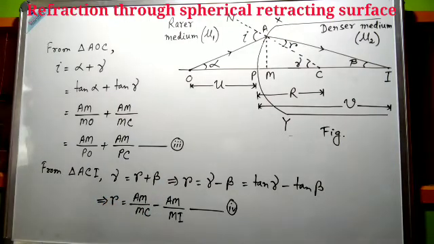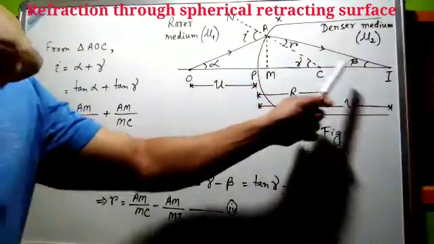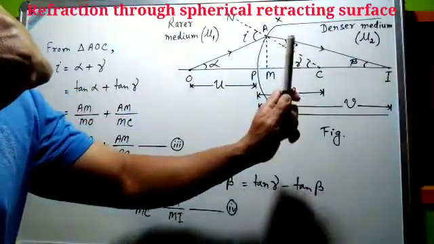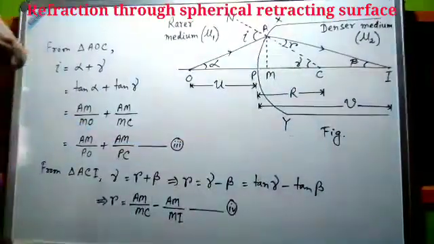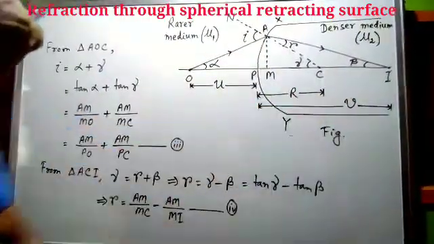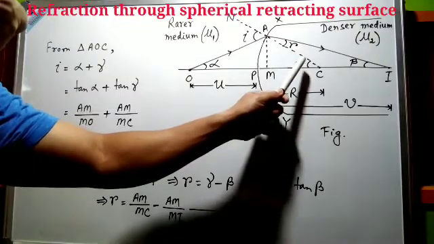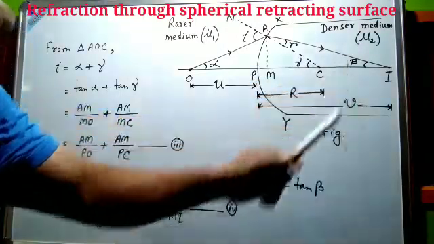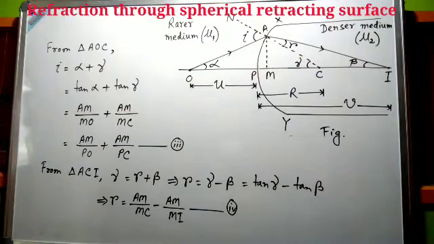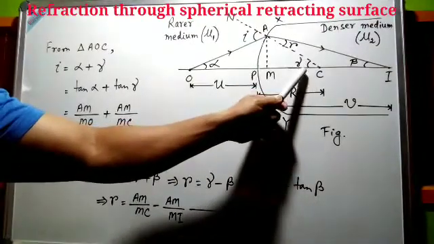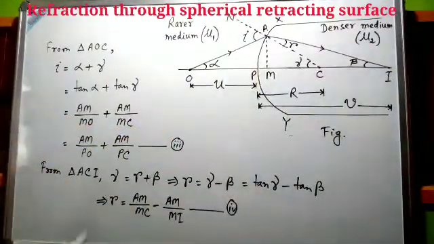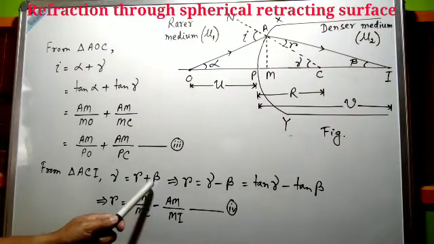Similarly, let us take triangle ACI. In triangle ACI, we calculate small r in terms of angle beta and gamma. So here gamma represents the exterior angle, and r and beta represent the two interior opposite angles of this exterior angle gamma. So we may write gamma equal to r plus beta.